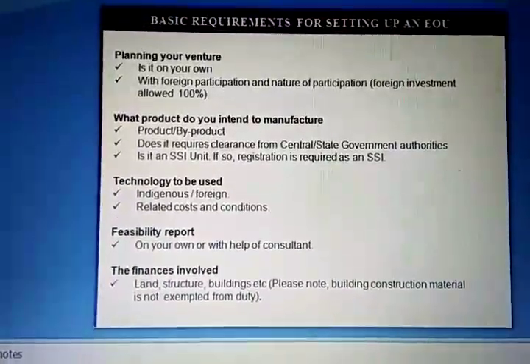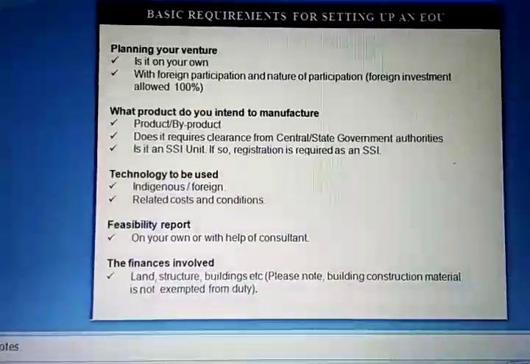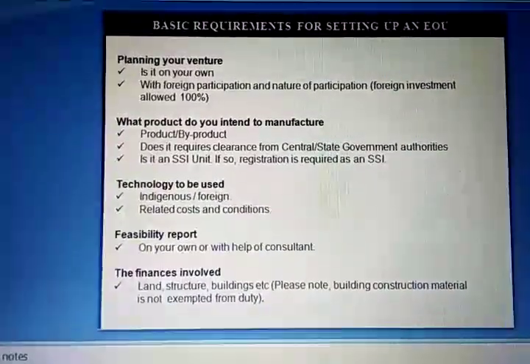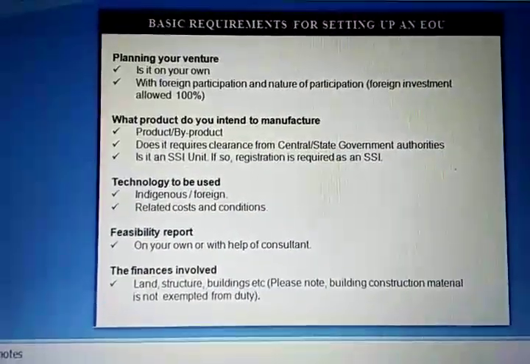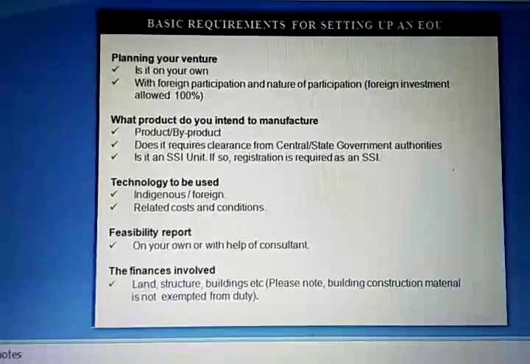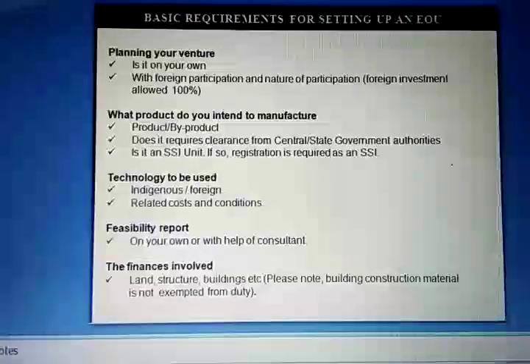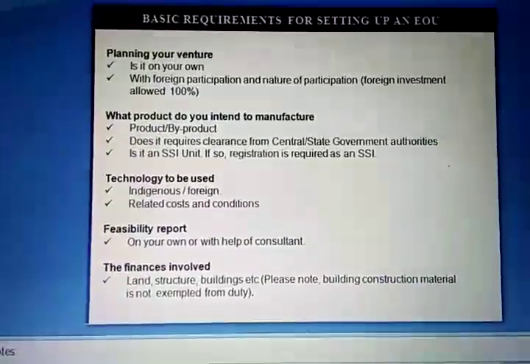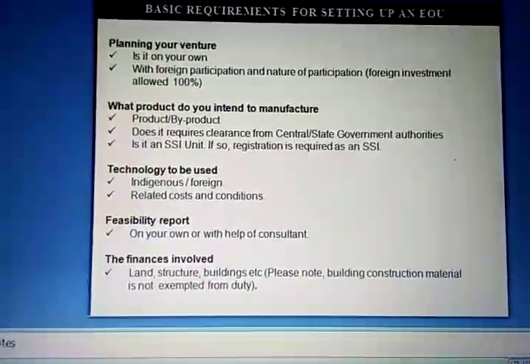Then, what are the basic requirements for setting up an EOU? The first one is planning your venture. Second, what product do you intend to manufacture, and the technology to be used, the feasibility report, or the financing involved.